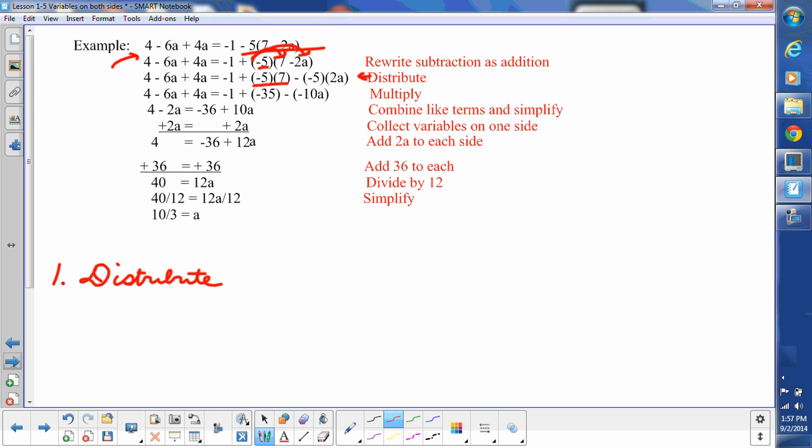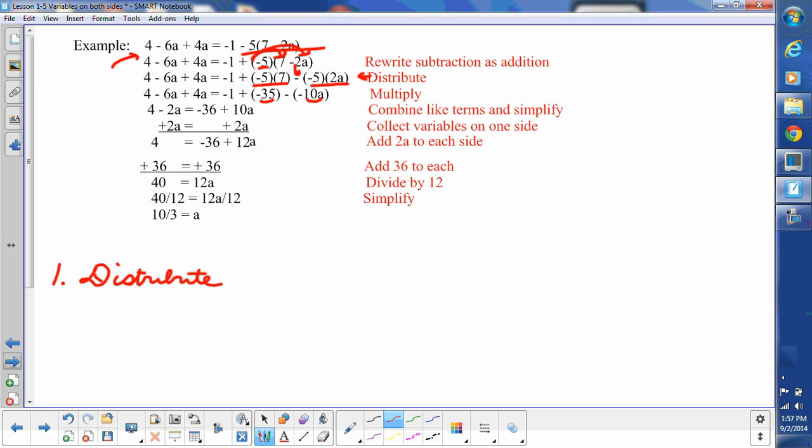Negative 5 times 7 minus, because this is a minus sign, negative 5 times 2a. In the next baby step, we'll multiply. 4 minus 6a plus 4a equals negative 1 plus negative 5 times 7 is negative 35 minus negative 5 times 2a is negative 10a.